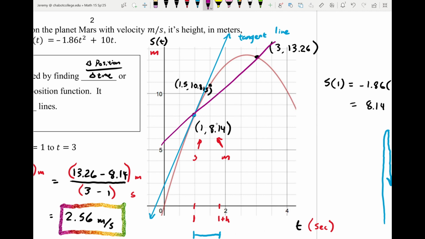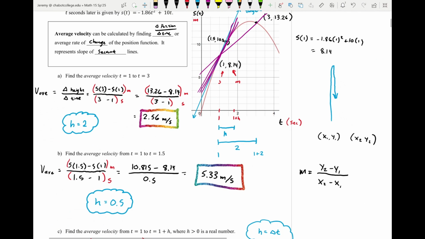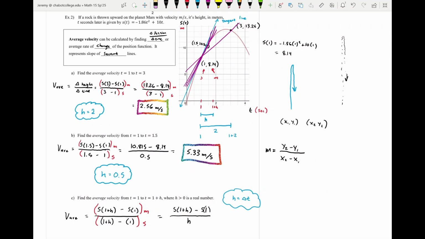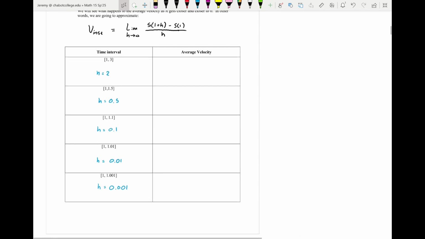We started with this one, and then we did this one, and then we'll do this one, and then this one, just getting closer and closer to that tangent line without actually getting to it. In other words, taking the limit as this interval h shrinks to get smaller and smaller. Okay, so let's actually do that work now.